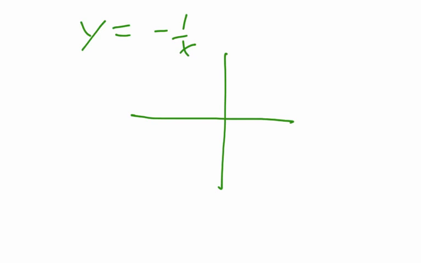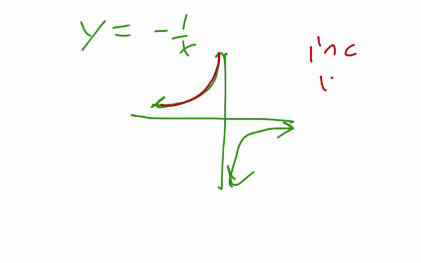Alright, the next graph we have is y equals negative 1 over x. And if I graph this in my graphing calculator, I get a graph that looks like this. Well, my graph starts out increasing when x is less than 0.